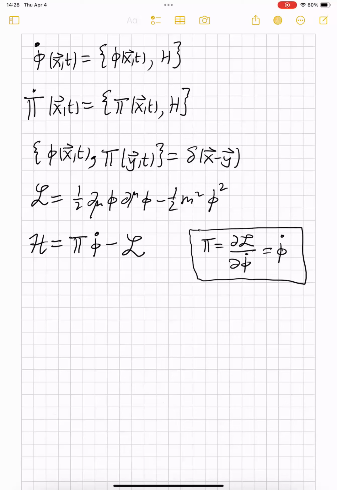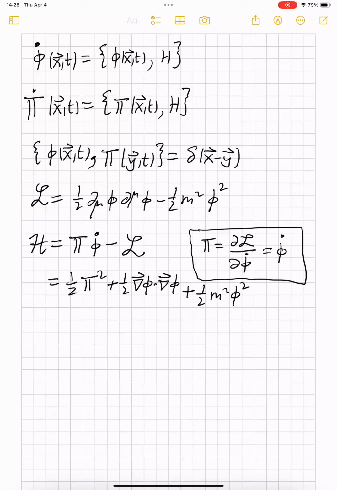And then if you use this expression for pi inside the formula for the Hamiltonian density, and you rewrite everything from phi dots to pi's, the answer that you should find is 1/2 pi squared plus 1/2 gradient of phi dotted into the gradient of phi plus 1/2 m squared phi squared.